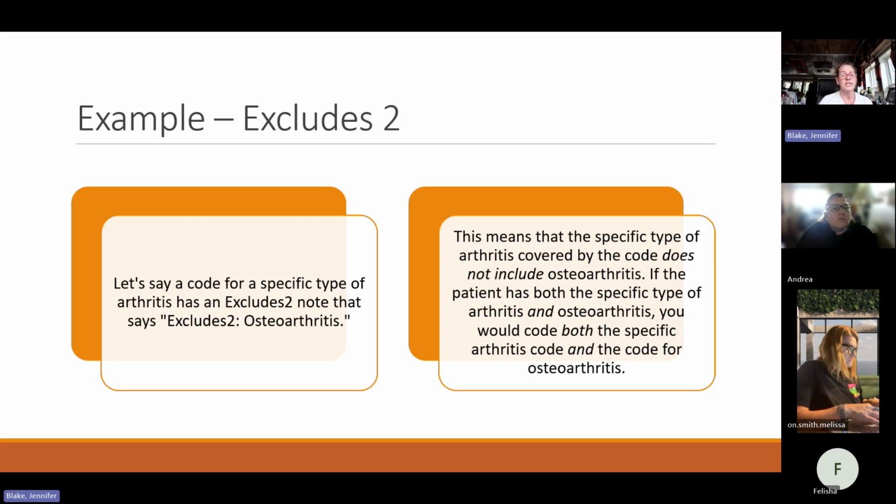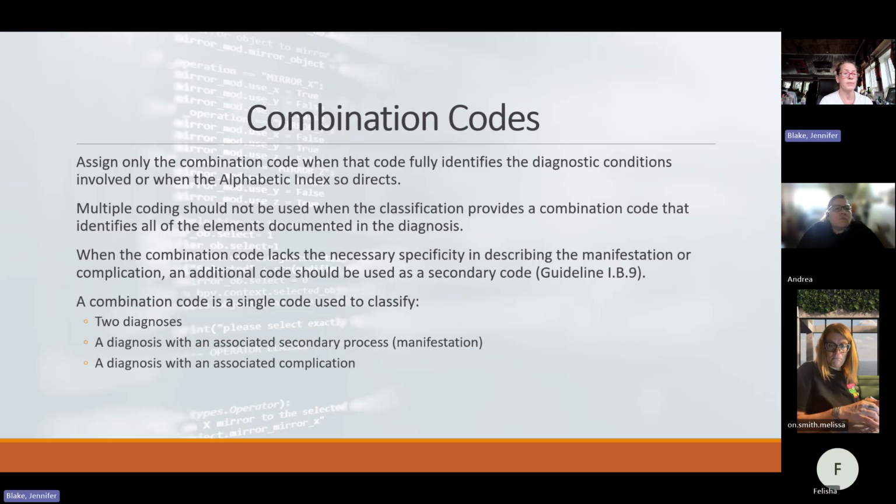So this means that if the specific type of arthritis covered by the code doesn't say osteo, then you would need to code both of them, the arthritis and the osteoarthritis code. Okay, not just the osteoarthritis. You would need arthritis and osteoarthritis. Again, your book will tell you if the code needs that. So just follow your book. Your book's going to be your best friend.